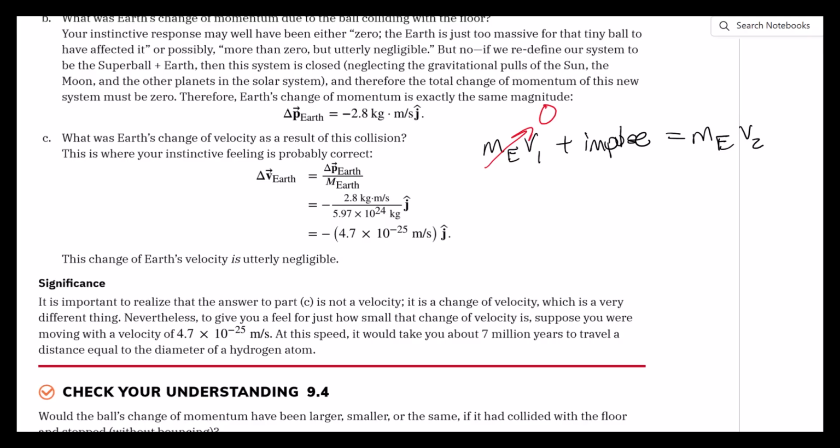So the initial velocity of the Earth is 0. The impulse is that negative 2.7 thingy, and the mass of the Earth is apparently 5.97 times 10 to the 24 kilograms, times the ending velocity.